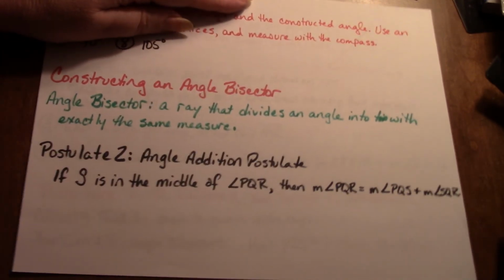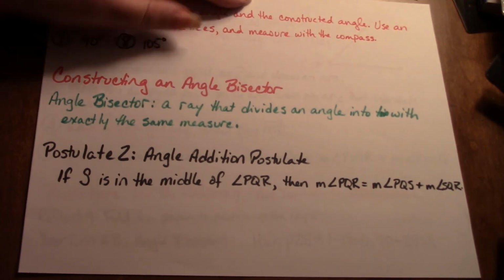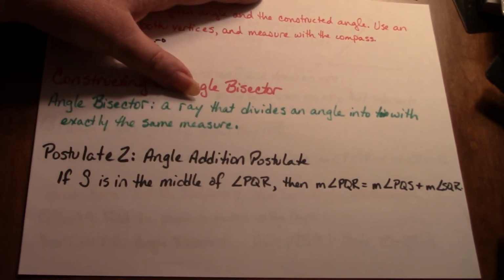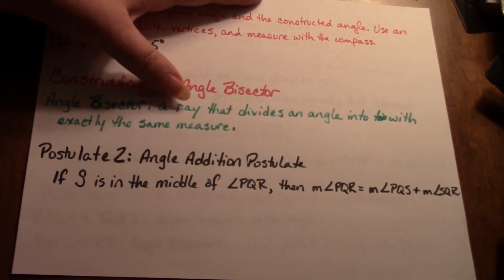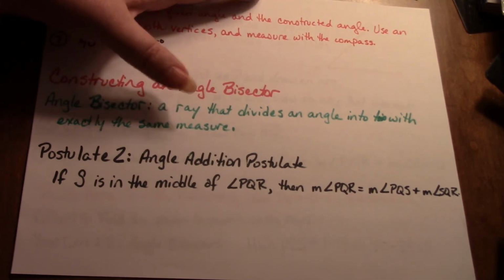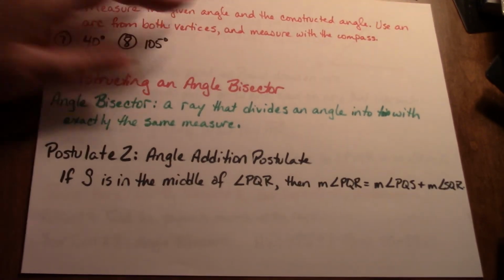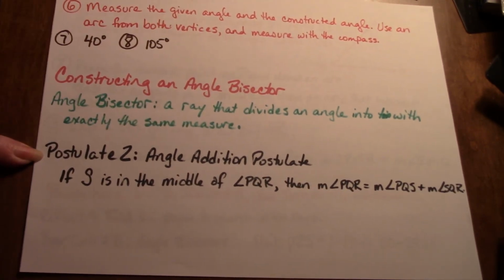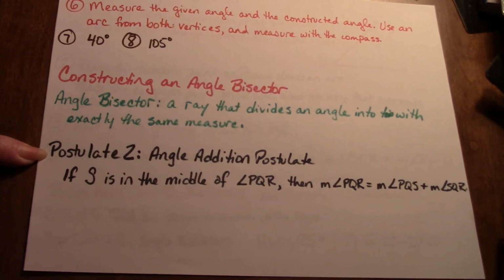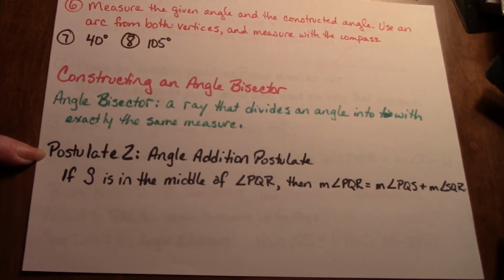Next, we're going to construct an angle bisector. A bisector is a ray that divides an angle into two with exactly the same measures. So we're going to take an angle and draw a line right through the middle of it. We've got a postulate that covers this. Postulate 2 is the angle addition postulate.